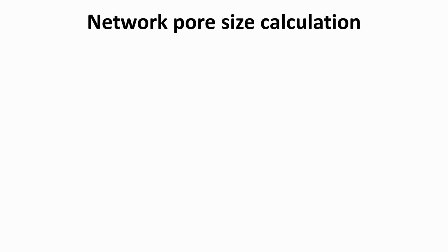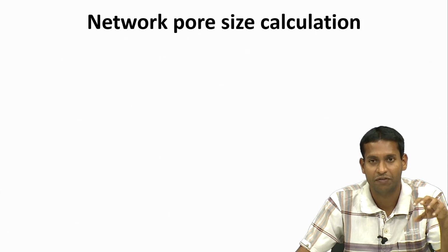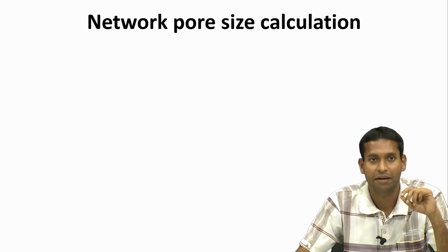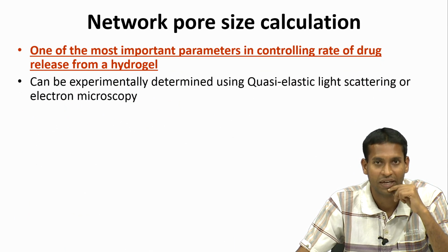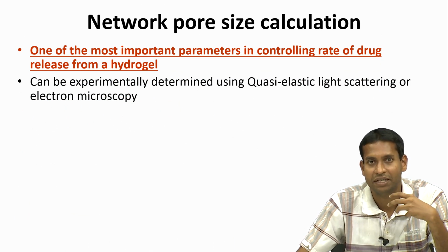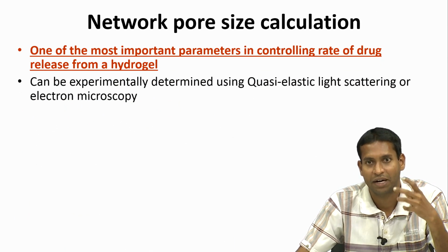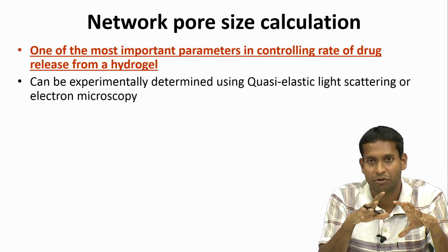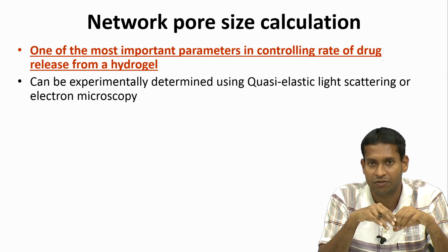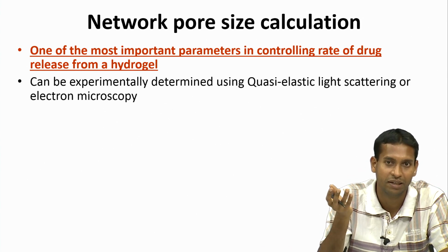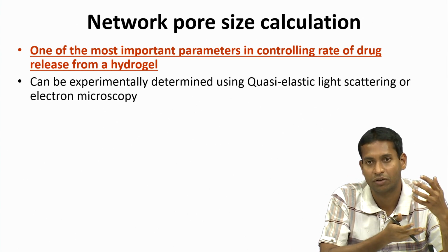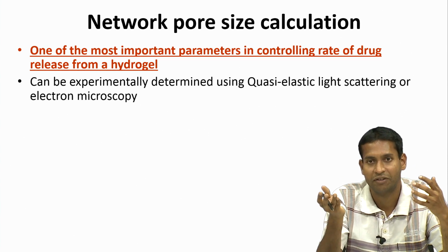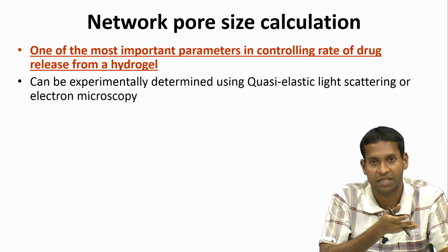Okay, so now we have to do the pore size calculation, which is what we eventually want to get at. Again, this is one of the most important parameters in controlling the rate of drug release from a hydrogel, because for the same drug and the same concentration, if I change the pore size from, let us say, 10 nanometer to 15 nanometer, it will be much easier for the drug to diffuse out from the hydrogel network than when the pore size is low.